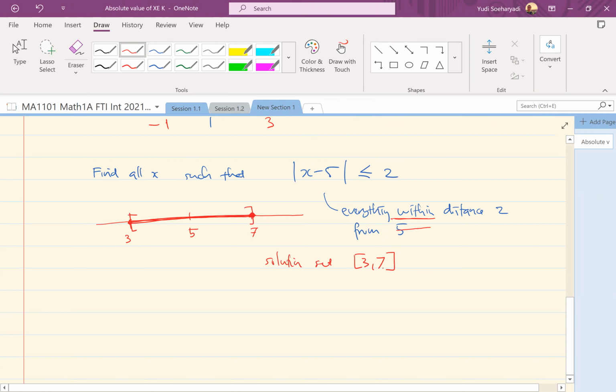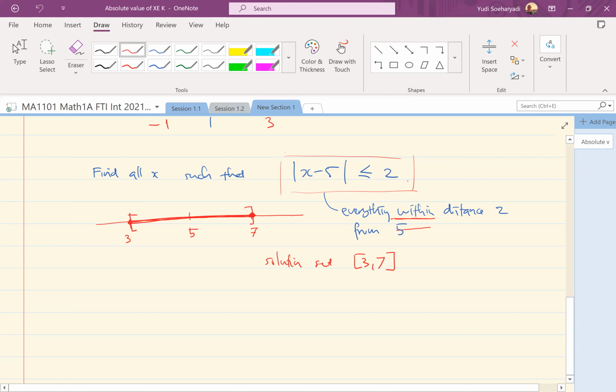Okay, so if you can read these equations in a more verbal way, in human language that you can understand, then you can solve them easily.